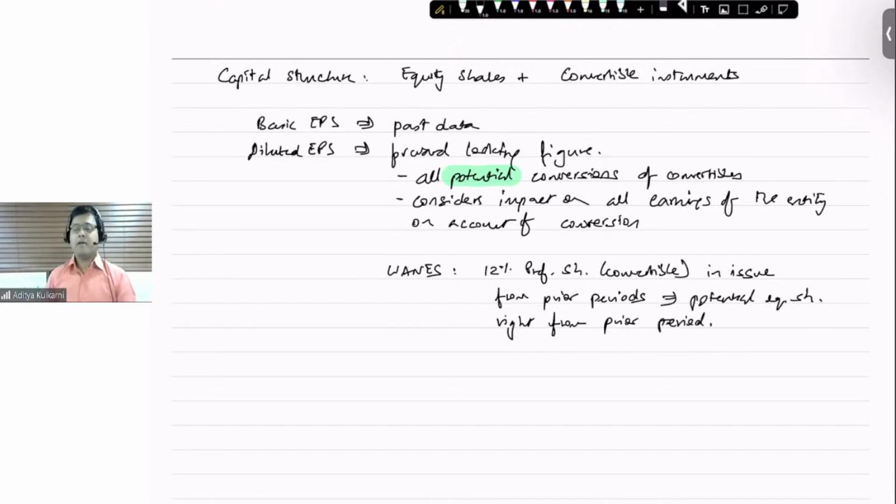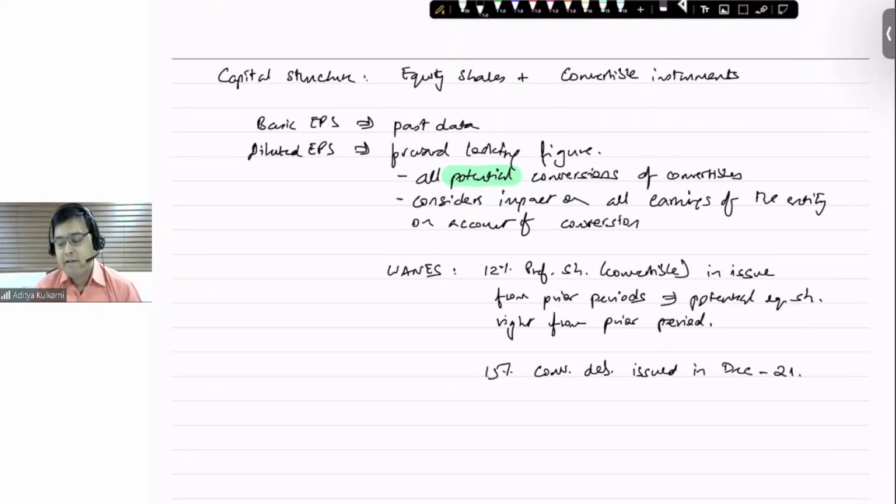Suppose in the current period, I have 15% convertible debentures issued in December 2021.